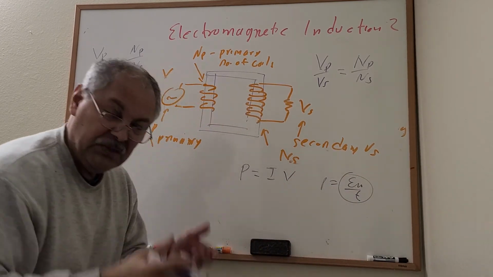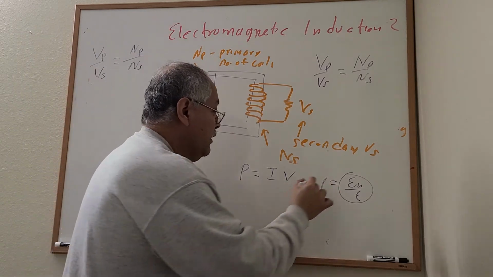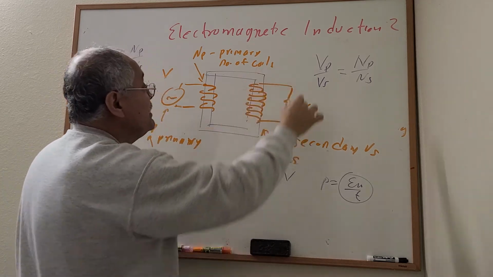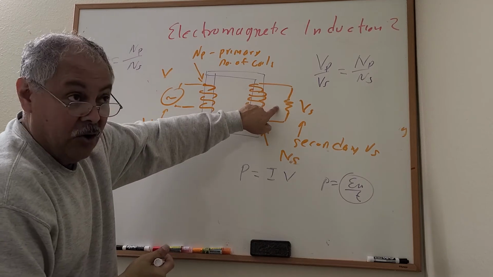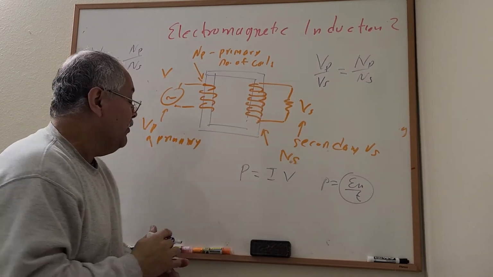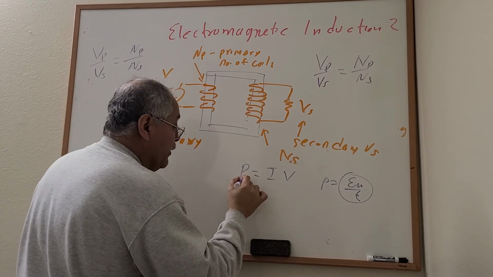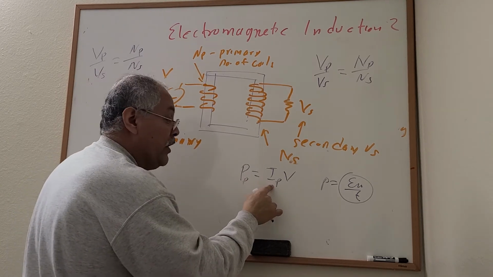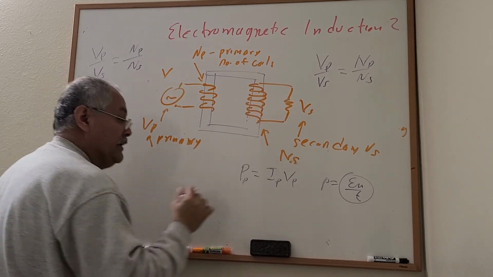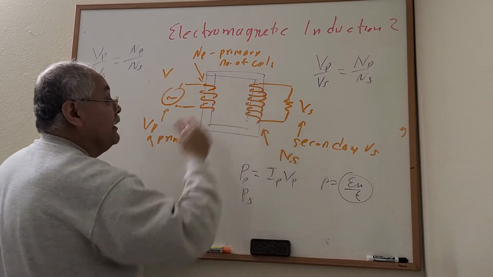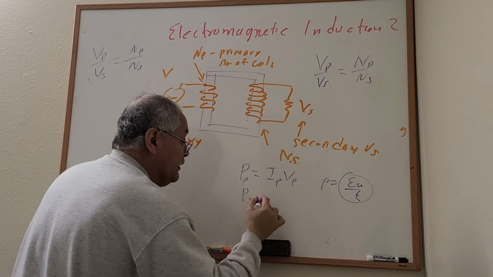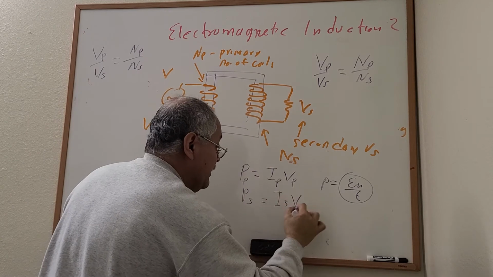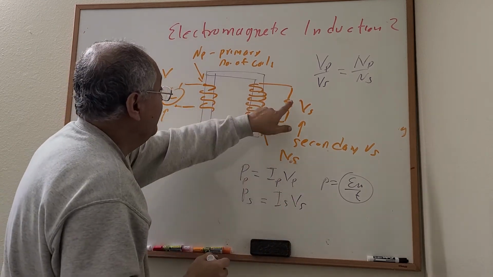If energy is conserved, the power created by this generator is the same power that is induced in the second coil. So the power in the primary is the current in the primary times the voltage in the primary. If we do the same thing for the secondary inductor, it equals the current in the secondary coil times the voltage in the secondary coil.